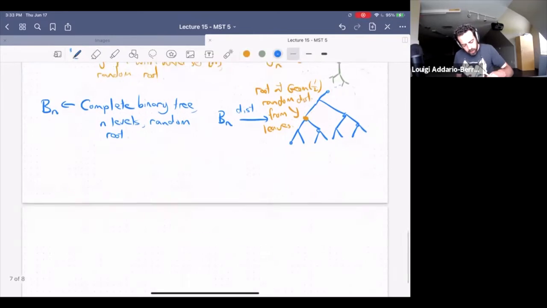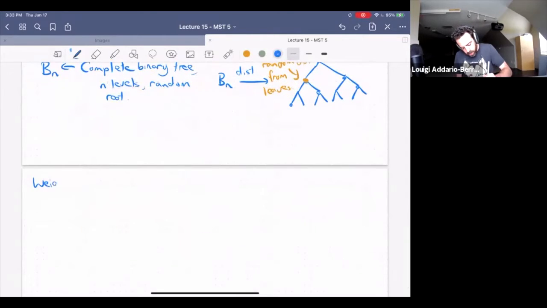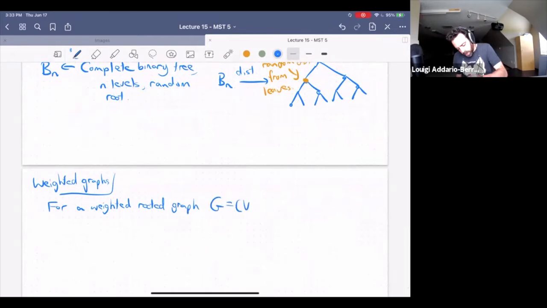Right. So now let's move to weighted graphs. Our basic objects are still going to be rooted, but also with weights. For a weighted rooted graph, that'll be (V, E, ρ) as before, and now we additionally have a weight vector, weighting the edges of the graph.